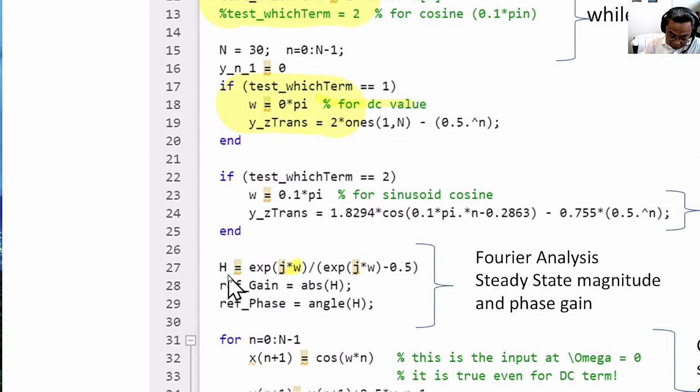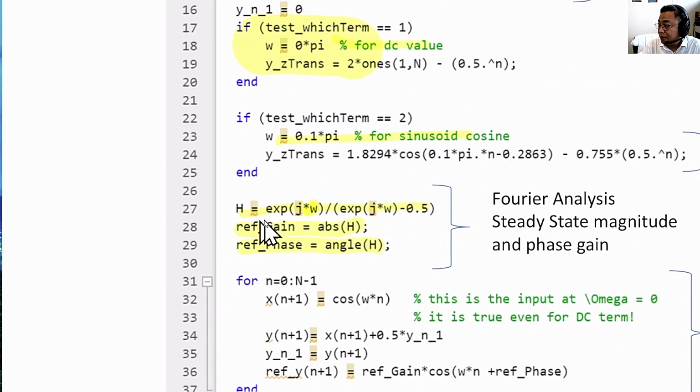So H will calculate for me the gain and phase shift at that particular frequency using this H. So this H is equal to e^(j omega) divided by e^(j omega) minus 0.5.